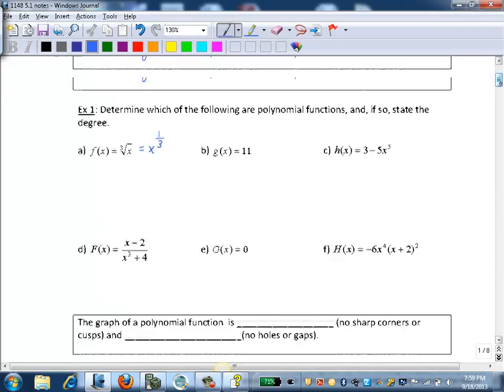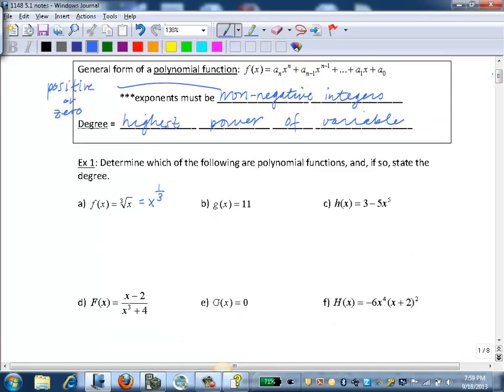Well, since 1/3 is not an integer, we know this is not a polynomial function. We know that cube root function is actually one of our parent functions, parent shapes we've already looked at in this class. So no, it's not a polynomial. And why? Because the exponent is not an integer.